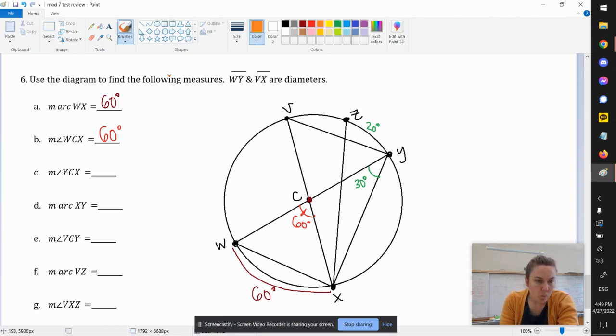Okay, next one, YCX. YCX, we're looking for this measure. YCX is a linear pair with WCX, right? These two have to add up to 180 because they're right next to each other. So we do 180 minus 60 and get that this one is 120.